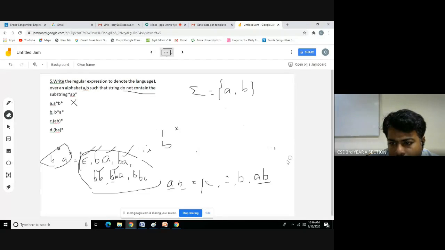If you understand the Thompson construction, you can easily say the answer. So what is the Thompson construction for this B star A star?